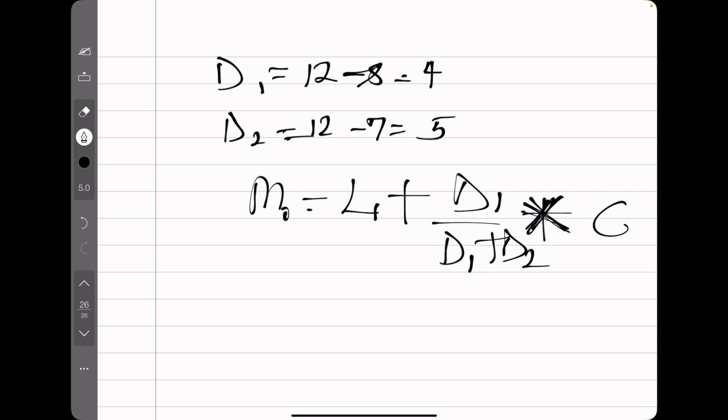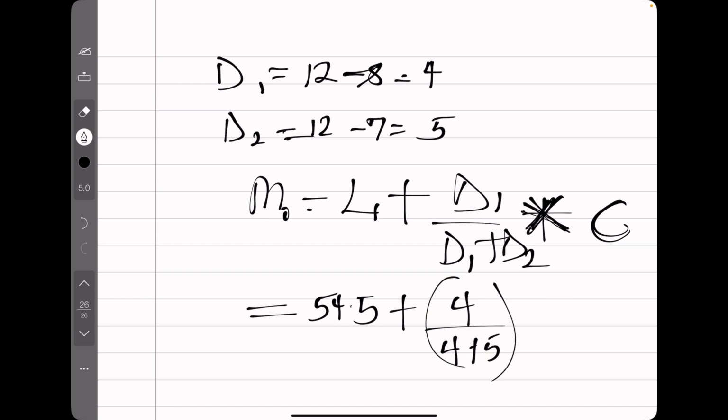That equals 54.5 plus 4 over 4 plus 5, into 5, which equals 54.5 plus, do your calculations, we have 56.7. So 56.7 will be the answer for our mode.